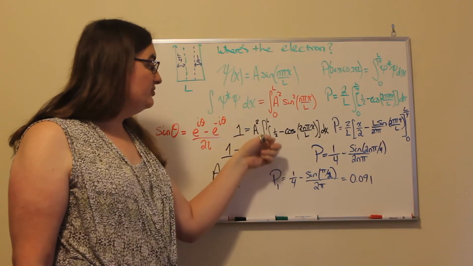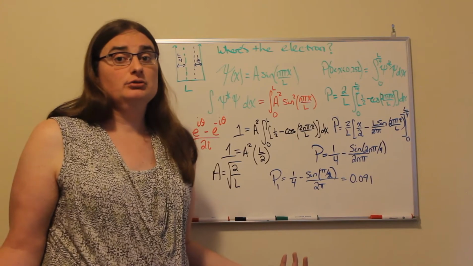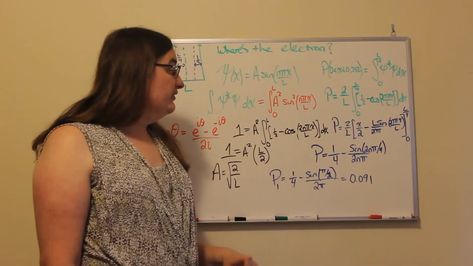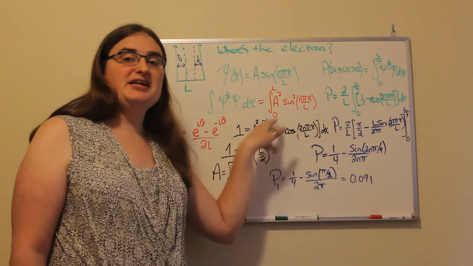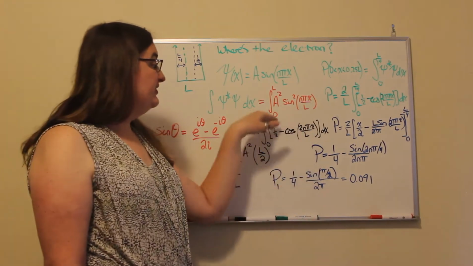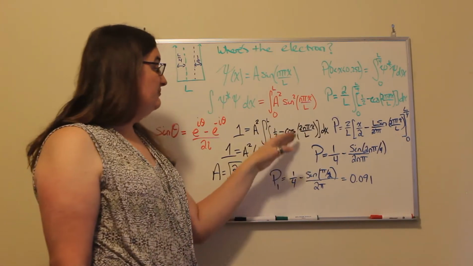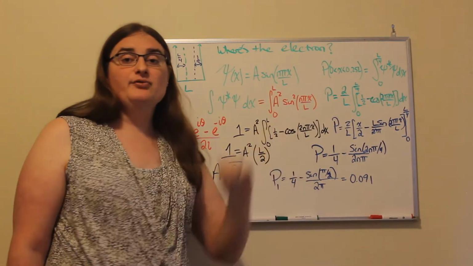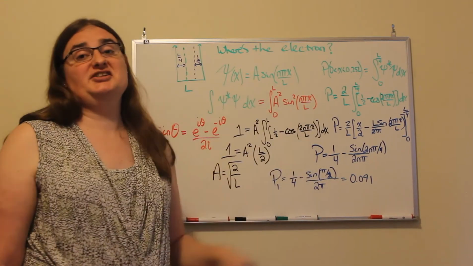So evaluated between x equals L and x equals 0, I just get L over 2. Now, the integral of the cosine of 2 pi times n times x over L is going to give me a factor of L over 2n pi times the minus sine of what's inside.